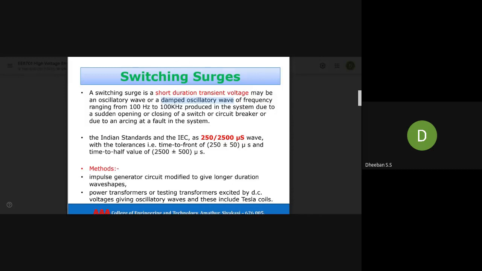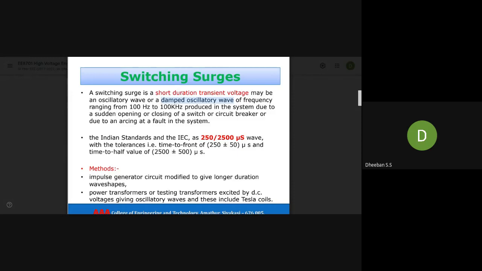Similar to your impulse voltage, which we described through Indian standards, here also they follow some standards. Mainly the Indian standards follow the IEC standards. IEC standards are framed by the European Union or the British, but IEEE standards are normally framed by the US or America.